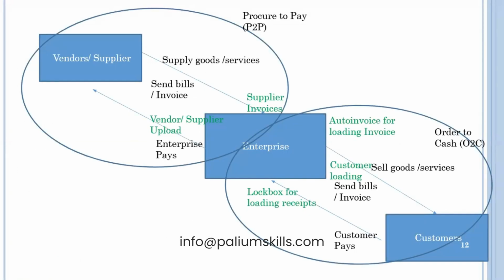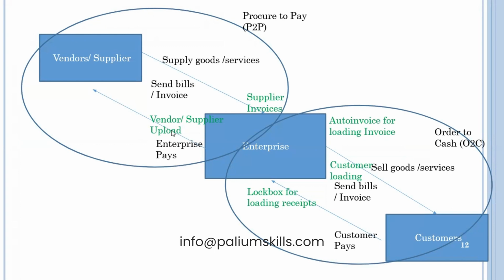Now, in the application, there are always two parts. On one side we have vendors or suppliers who are interacting with our enterprise. So anybody who is supplying goods or service is known as a vendor. Vendor will send the bills or the invoice for their goods or service that has been given by them.